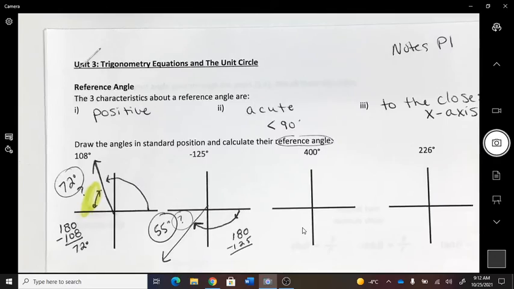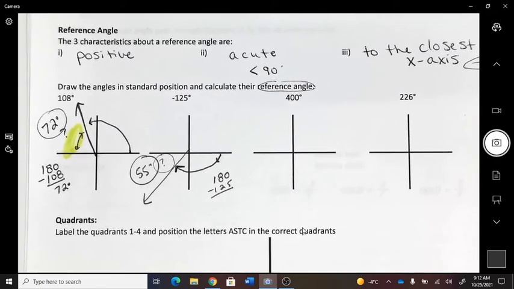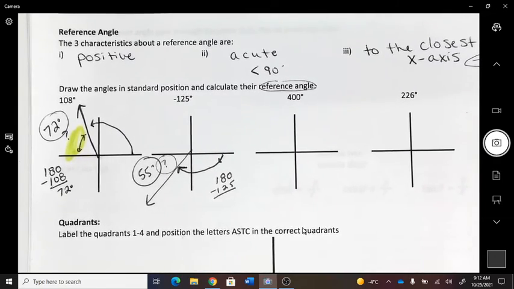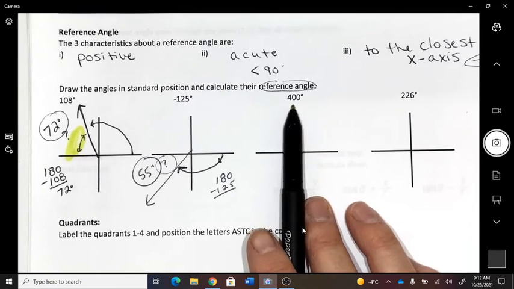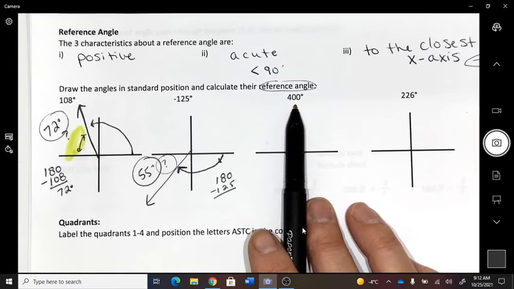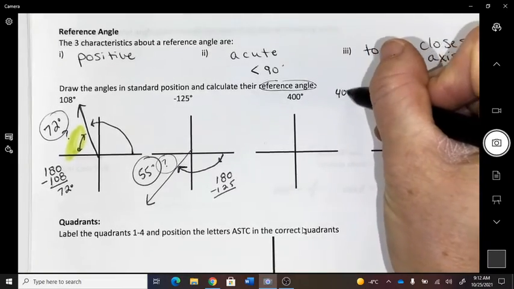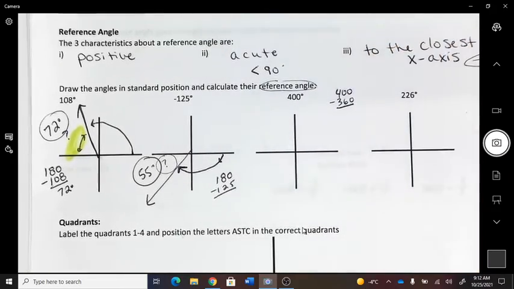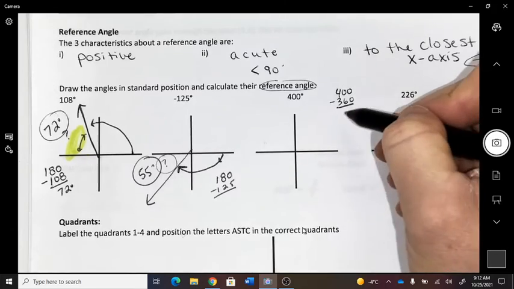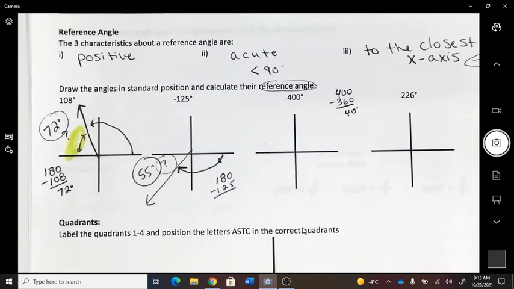Okay, 400 degrees. Whoa, what is going on here? There's something crazy, I think. What is in my full circle? 360. So now what? This is more. Here's what I'm going to do. I'm going to subtract 360. Does anybody know in your mental math what would be left? 40. So I have to go an entire circle, then 40 more.